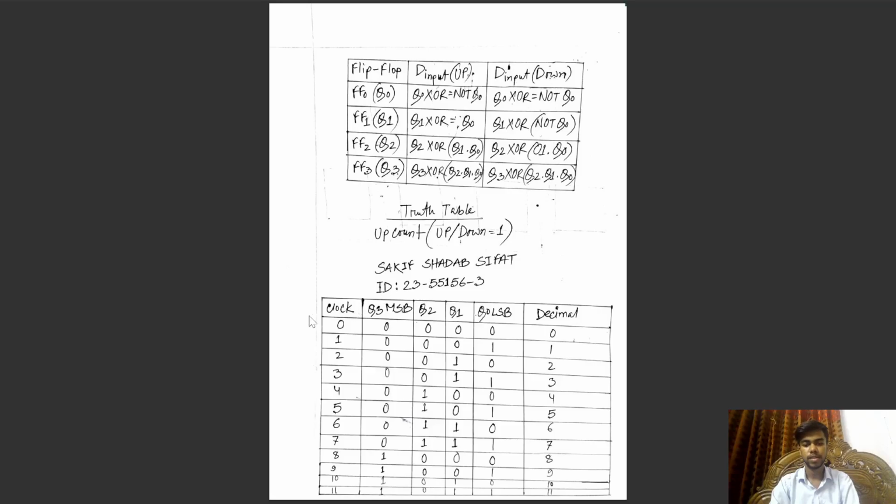The truth table is given according to the values 0 to 11. The 12 is not calculated because after finishing 11 it will automatically go to 0, so there is no need for 12. Q3 is the MSB, then Q2, Q1 and Q0, which is the least significant bit, and the decimal numbers. This is how the truth table has been calculated.